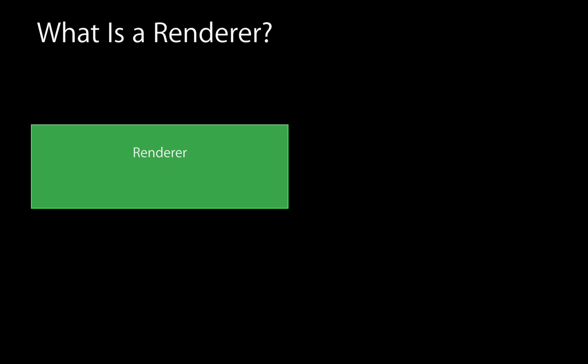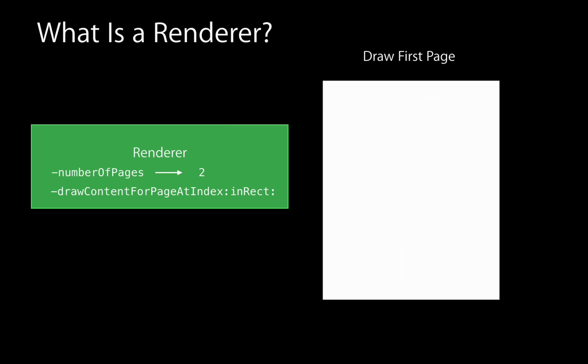So renderers, what is a renderer? Well, here's our renderer object, and it's really responsible for at least two things. First of which is responding to number of pages, so it has to know how many pages the total is going to be printing. In this case, 2, it responds 2. Next thing it has to do is when it's called, draw content for page at index in rect.